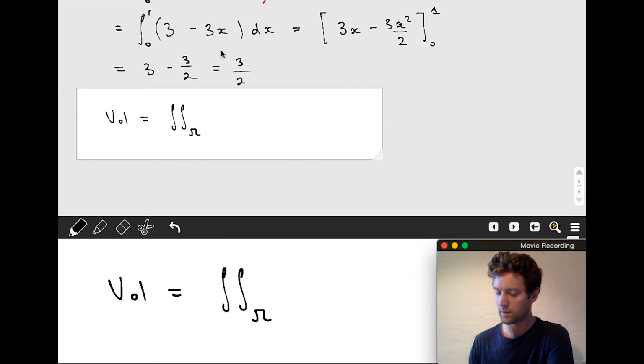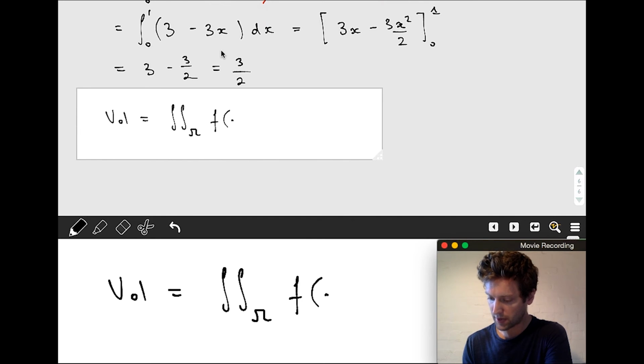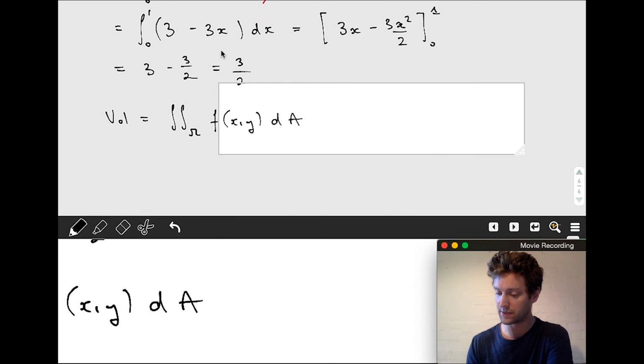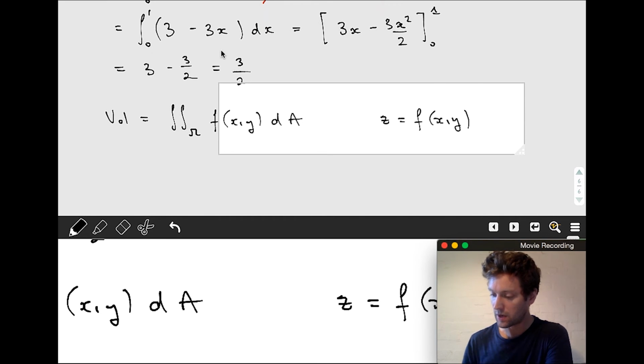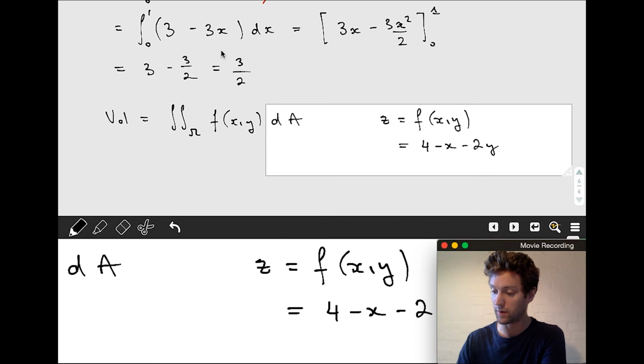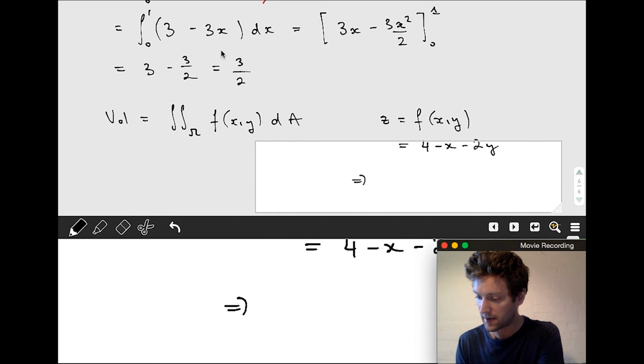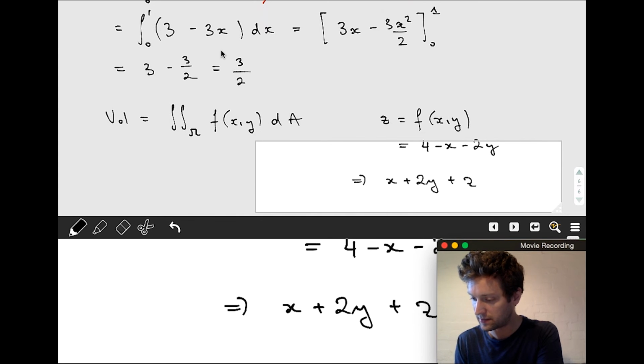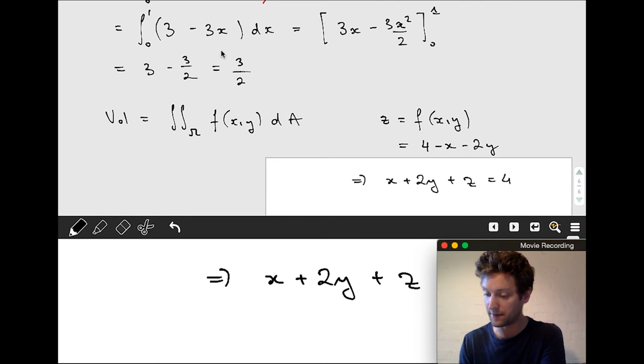It's the integral over a region of integration omega of a function f of x and y dA, where dA could be dx dy or dy dx or whatever, and we interpret that as being the volume below the surface z is equal to f of x and y. And in this case, f of x and y was equal to 4 minus x minus 2y. So I can rewrite that as x plus 2y plus z equals 4, which we recognize as a plane.